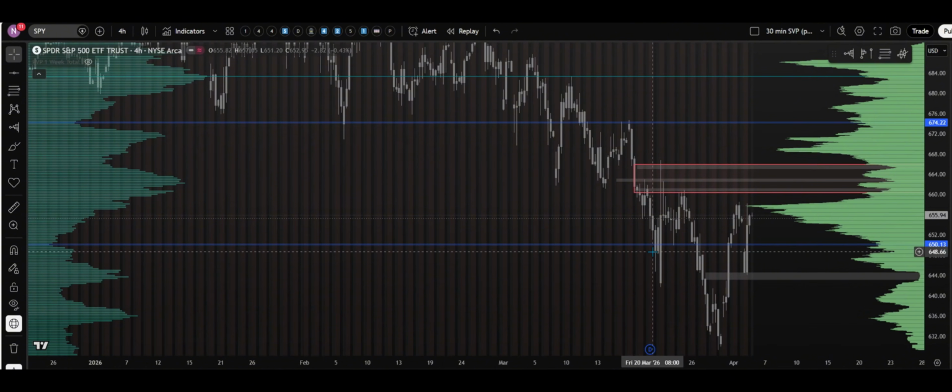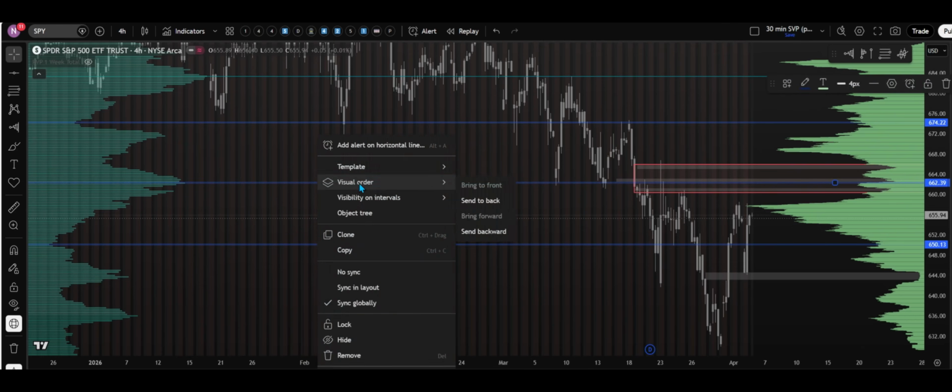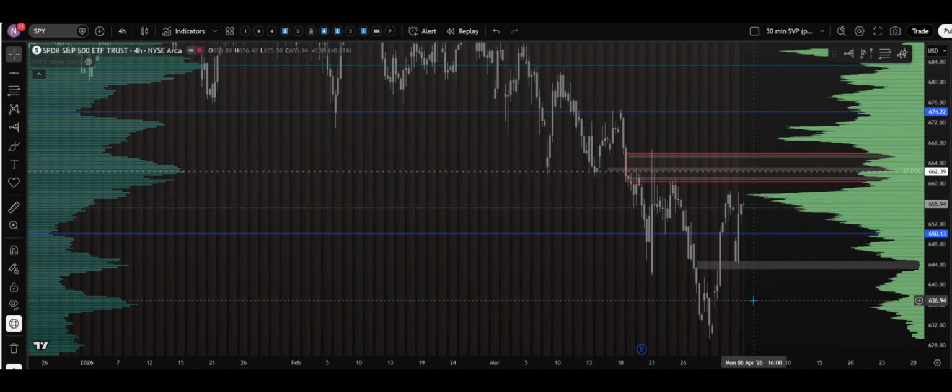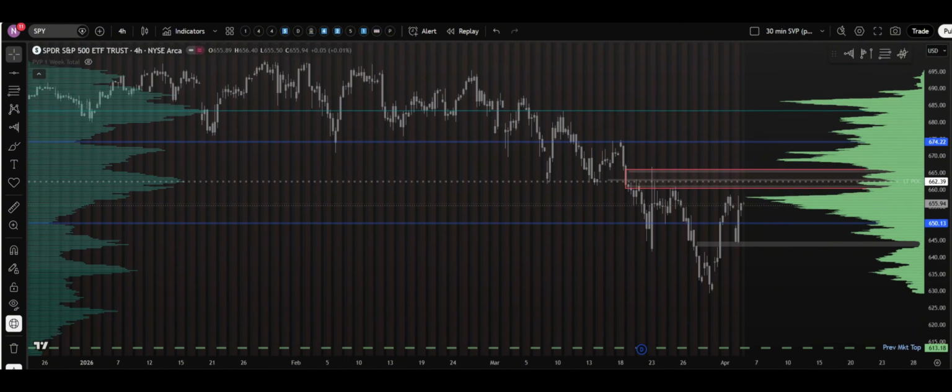Price is moving quickly down through that. And then when it tries to retest that area, it's actually now a strong resistance. So that's one thing that I'm looking for a lot: when a point of control lines up with a low volume node from the new trend in the market. And those are areas where I am generally looking to trade.